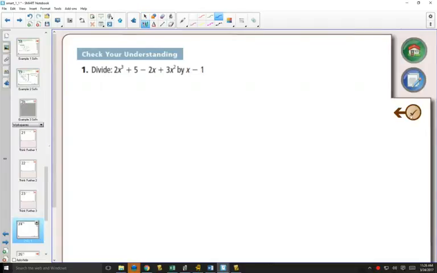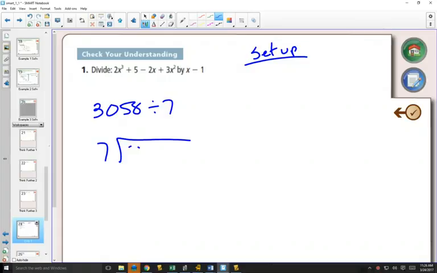To set up long division, we have to have a few important setup rules. Now, these setup rules didn't come across in numbers because when you were dividing 3,058 divided by 7, you could set it up no problem, right?